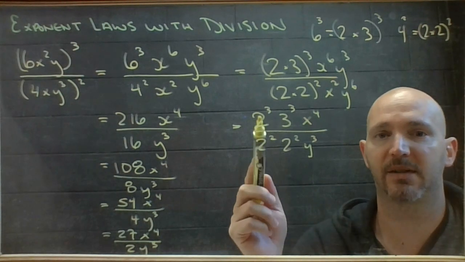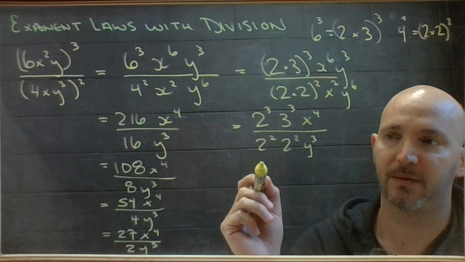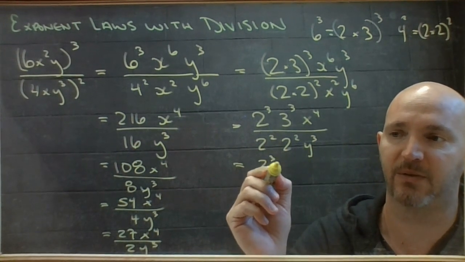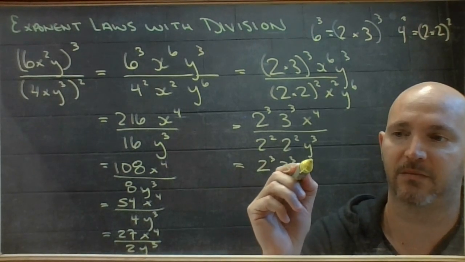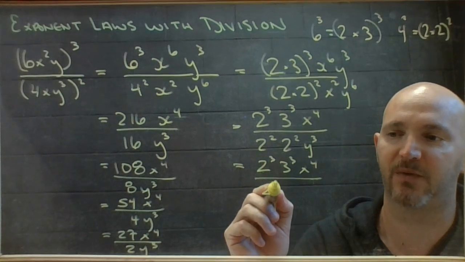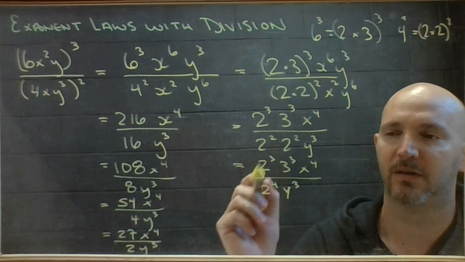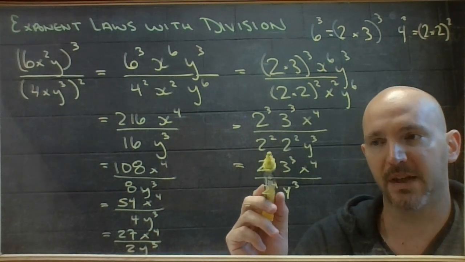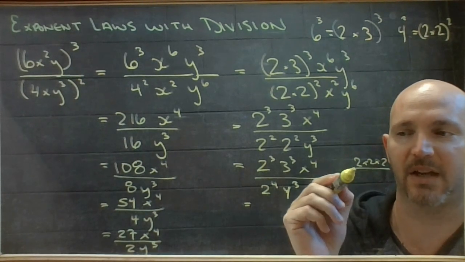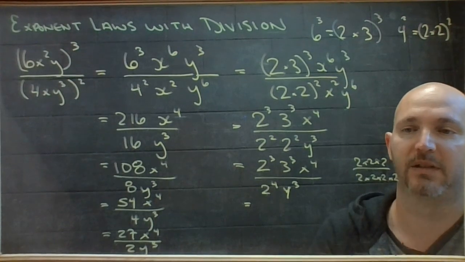Now, if you look what's going on here, I've got 3 powers of 2 up top, and 2 squared times 2 squared is 2 to the 4. Well, this here has 2 times 2 times 2 on the top, and 2 times 2 times 2 times 2 on the bottom.